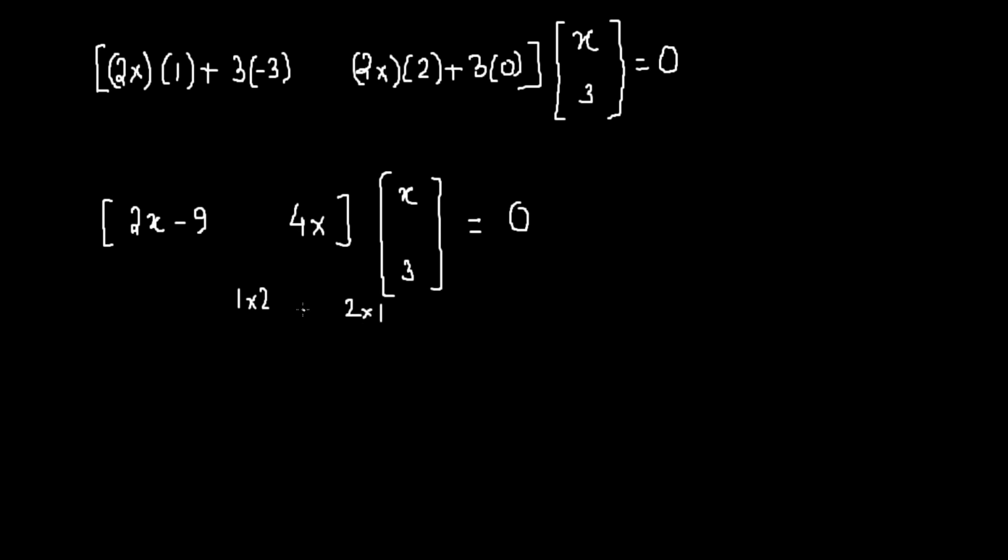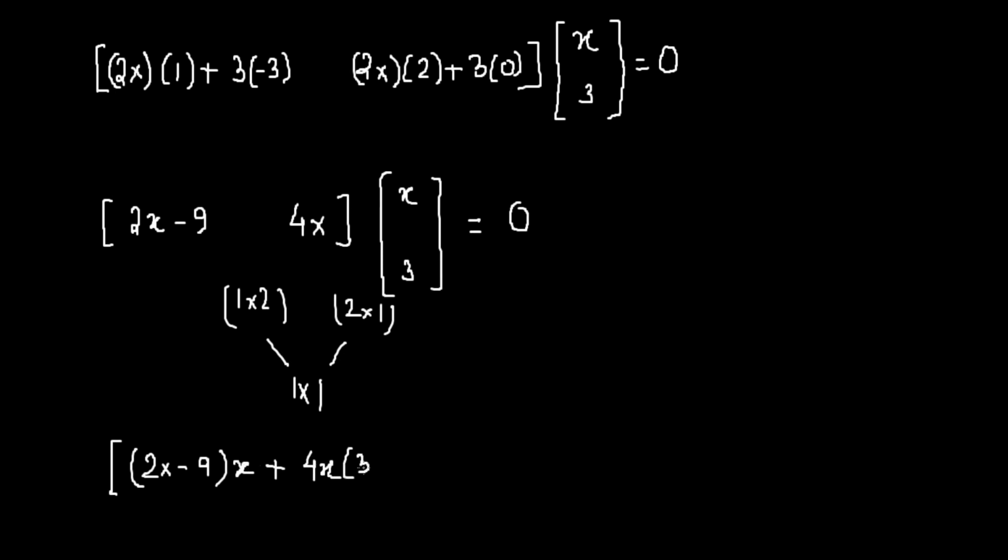So when we multiply them together, we get a matrix of the order 1 cross 1. So this will be (2x minus 9) times x plus 4x times 3, which equals the 0 matrix.